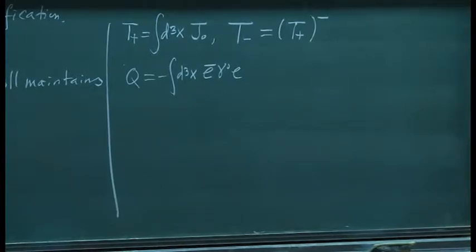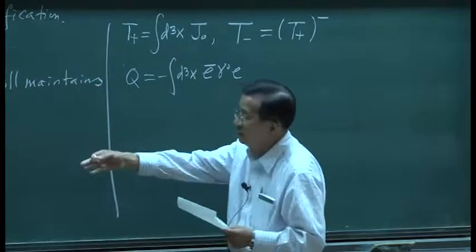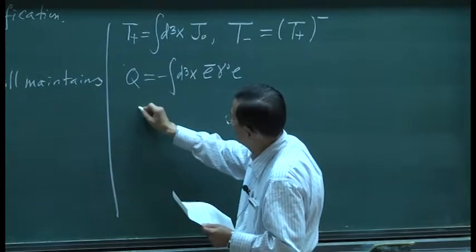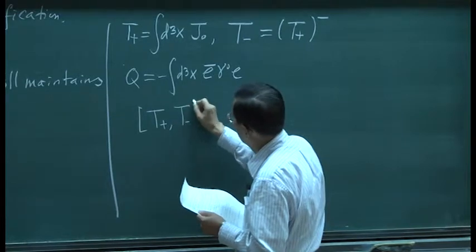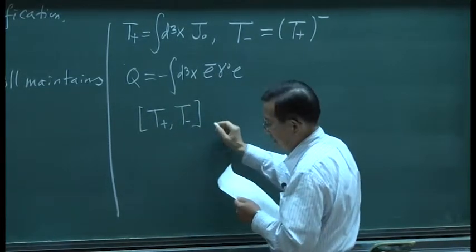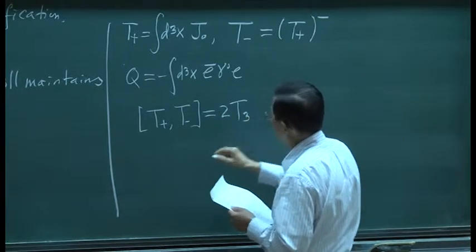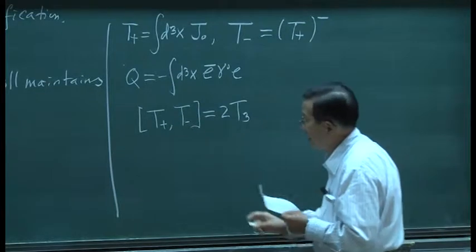Now, using the canonical commutation relation for electron and neutrino fields, you can find out that the commutator of T plus and T minus should be equal to 2 T3 if it's an SU(3) group, and you work it out.